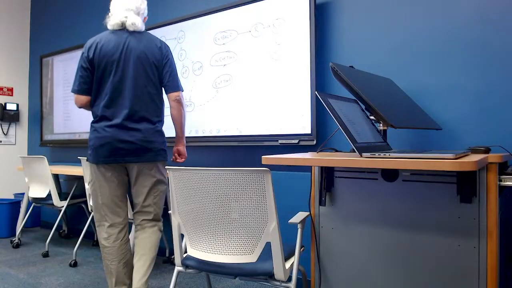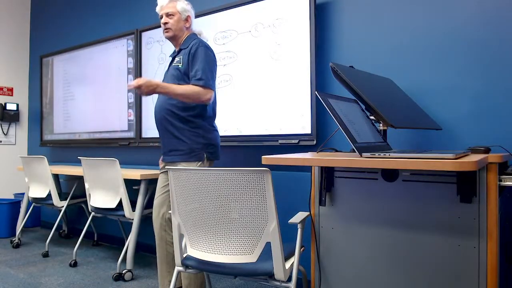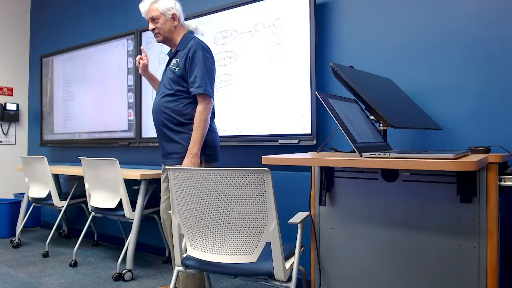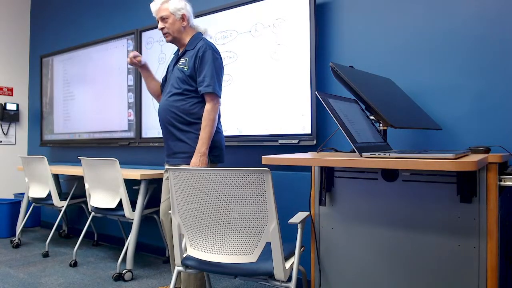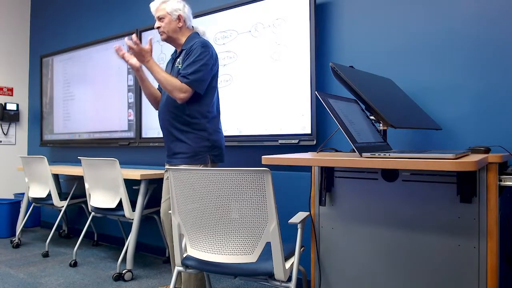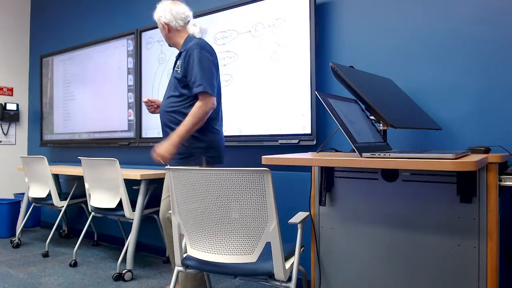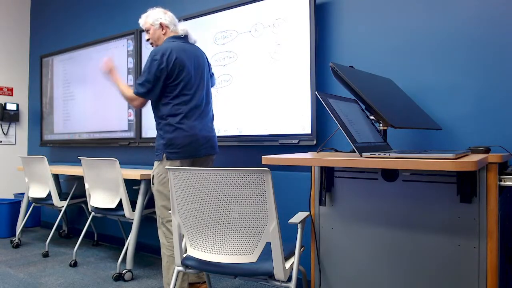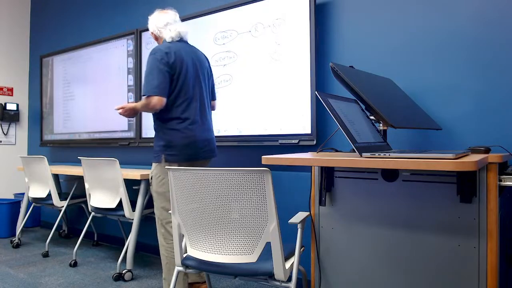In order to figure out the minimum, we focus on the solid lines or the dotted lines? Dotted. We want the dotted because the dotted could just merge, essentially, right? So it's possible that this merges with this, or this merges with this, or all of them together merge with each other.